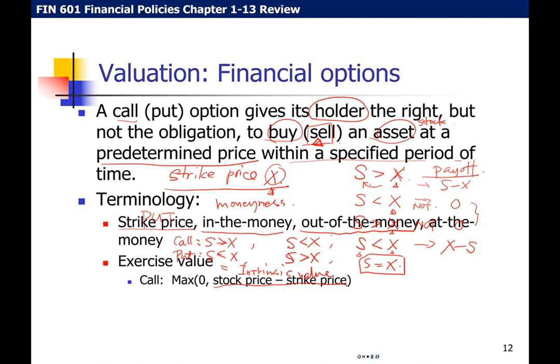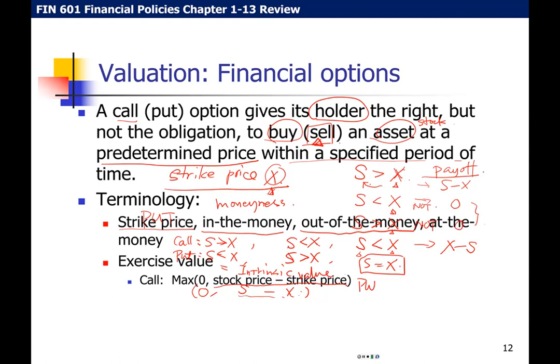If you're out of the money or at the money, it will be 0. For a call, it's going to be stock minus strike, or 0, whichever is higher. So when stock is lower than strike, the second item is below 0 and you will not exercise. That means the intrinsic value of this call is 0.